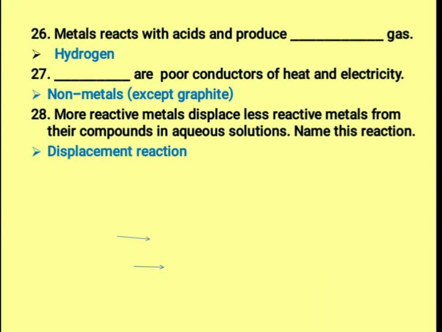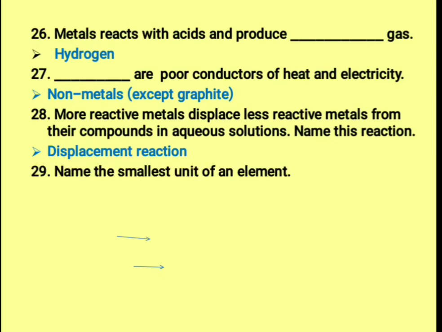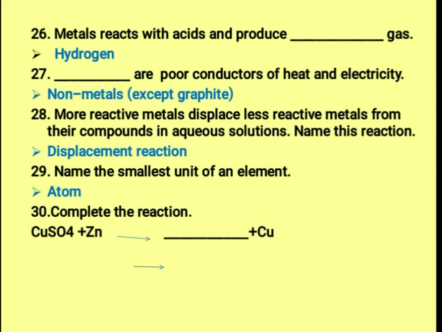If you did not understand, please go through this video again. Name the smallest unit of an element. We all know that all the elements are made up of a smallest unit called atom. It is atom.